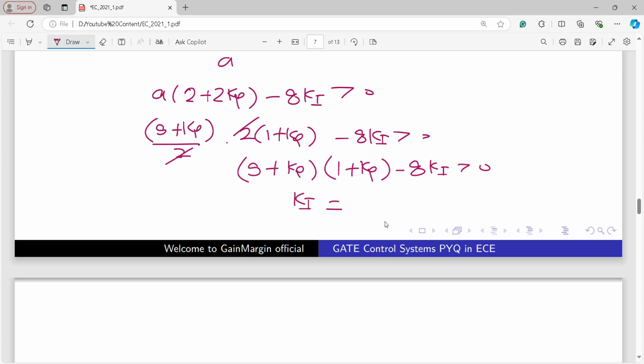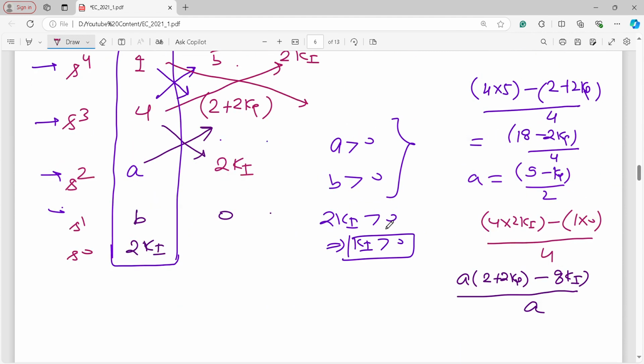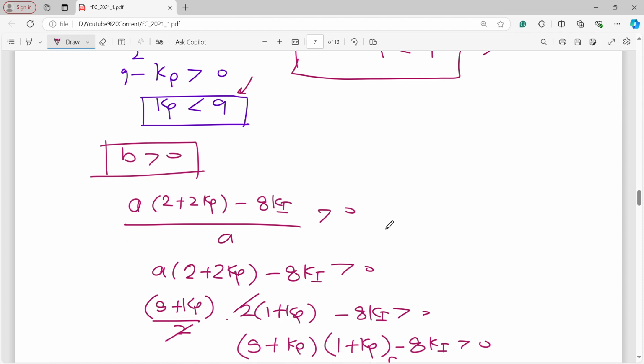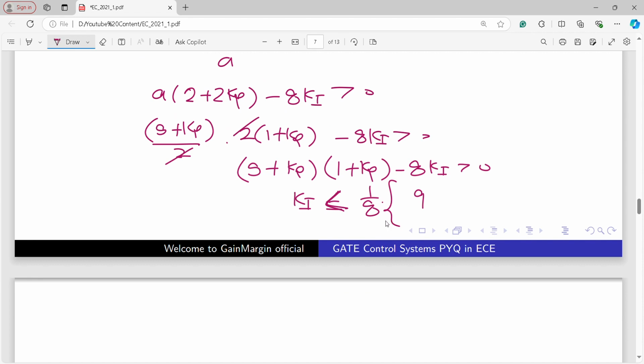Ki would be less than 1 by 8 of... A value is 9, not plus kp, it is minus kp, right?